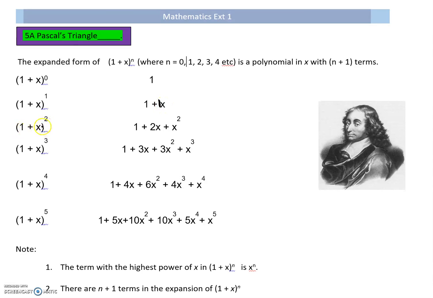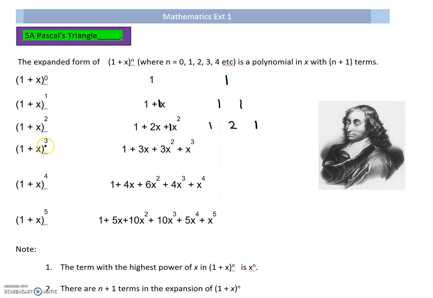Okay, let's move on to expanding a binomial raised to a power 2. You know the pattern here. Square the first, twice the product of the 2, square the last. And again, I'm just going to add this coefficient in, and probably already you're seeing, if I single out the coefficients, a 1, a 1, and a 1, a 2, and a 1.